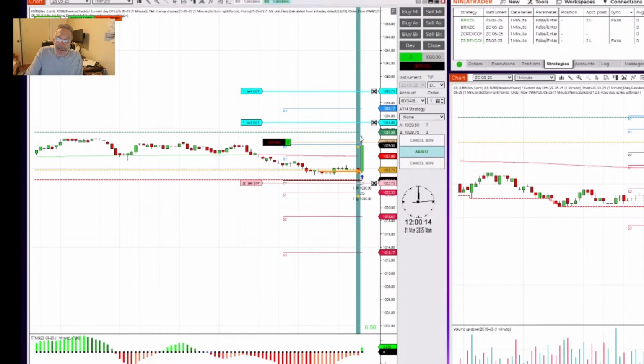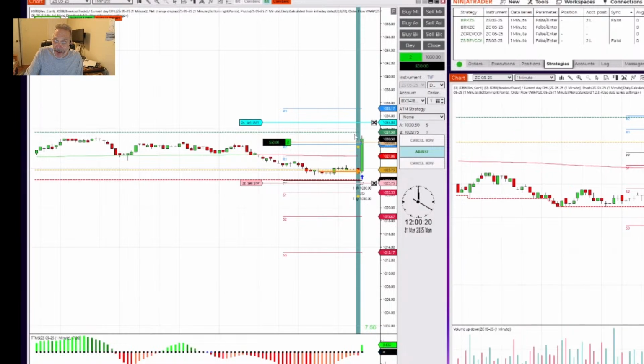So it didn't get to the first target. I combined the targets thinking maybe we'd still get a push up. I shrunk the targets thinking maybe we'd still get a push up and never got that final push up. Never got it.